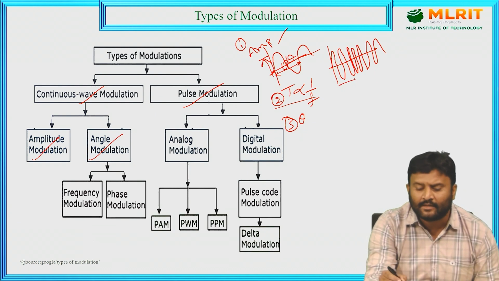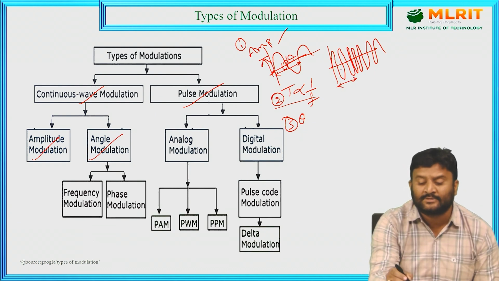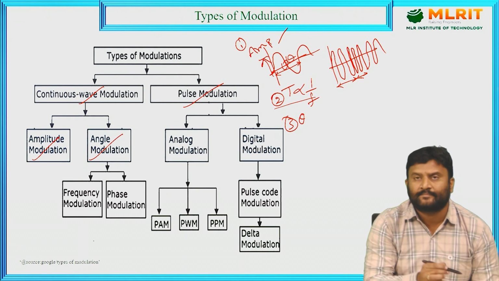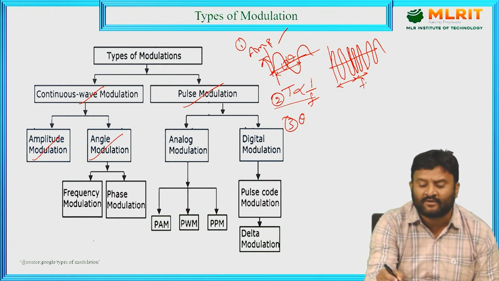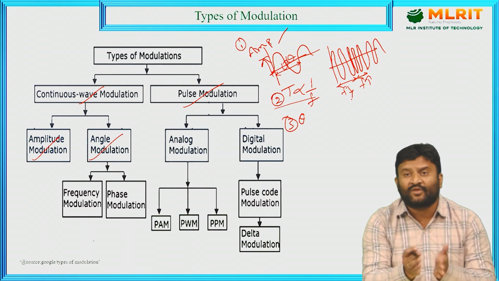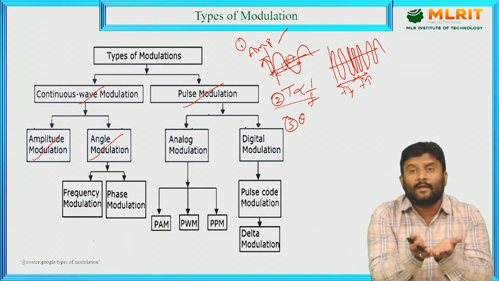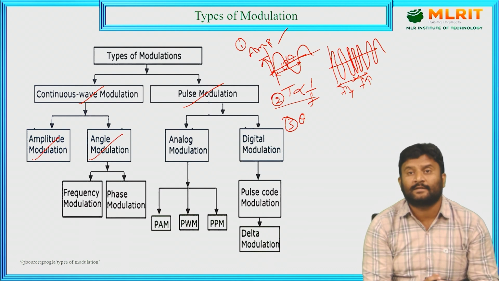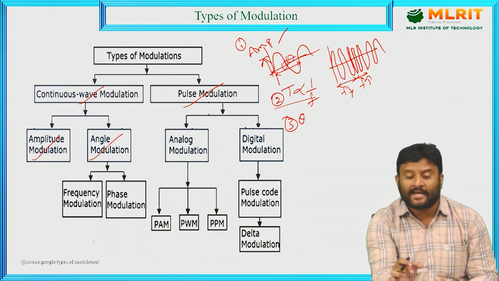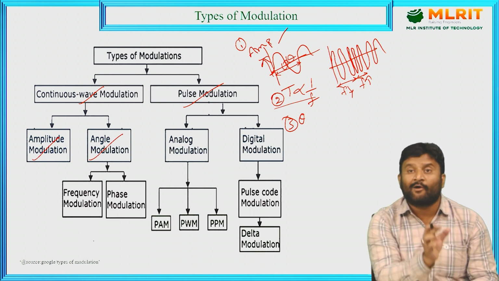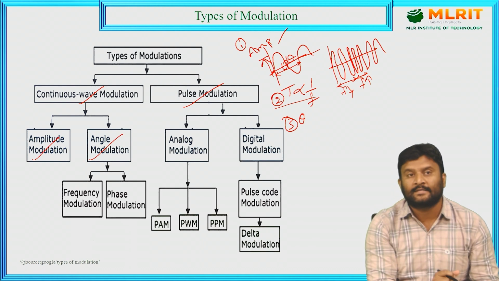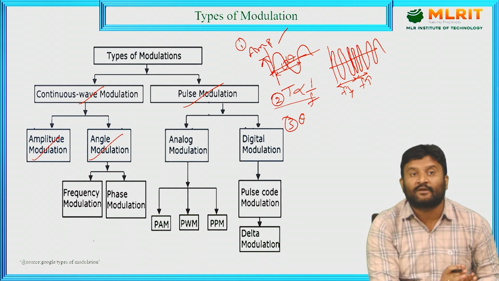Observe here, the time period is less, here the time period is more. The time period is less means the frequency is more. Here the frequency is less. Therefore, the frequency shifting is happening with respect to the message signal, positive and negative peaks. The carrier frequency is varying according to the message signal. That's why it is called frequency modulation.